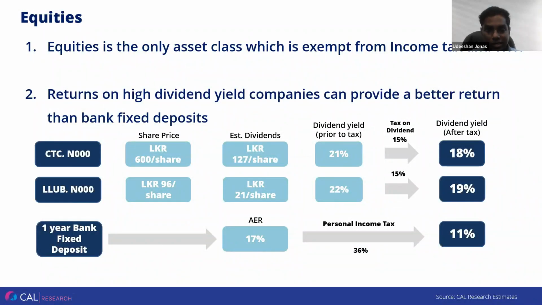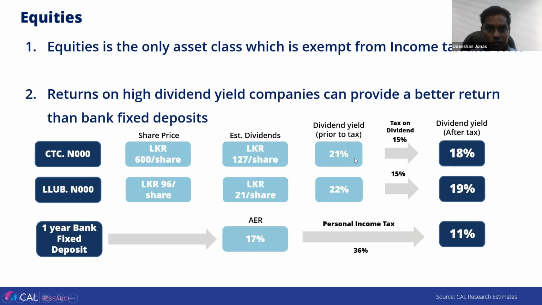So if you invest 600 rupees in a share, you get 120 rupees as a dividend, and on that you will only effectively pay 15% tax, which means your after-tax return is going to be 18%.